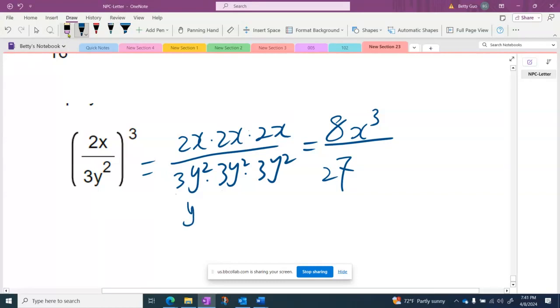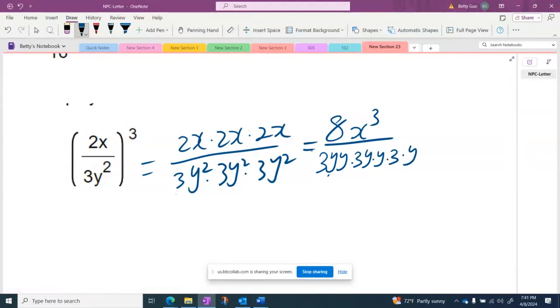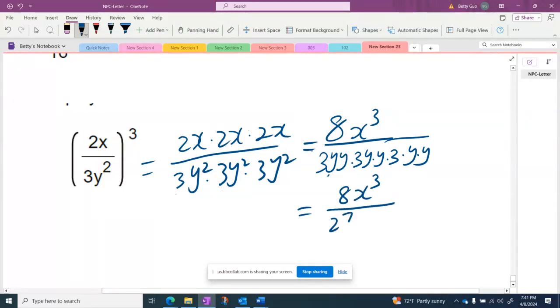So the denominator is, 3y squared is 3 times y times y. And you count the number. 3 times 3 times 3, 27. And how many y's do you have? 1, 2, 3, 4, 5, 6.